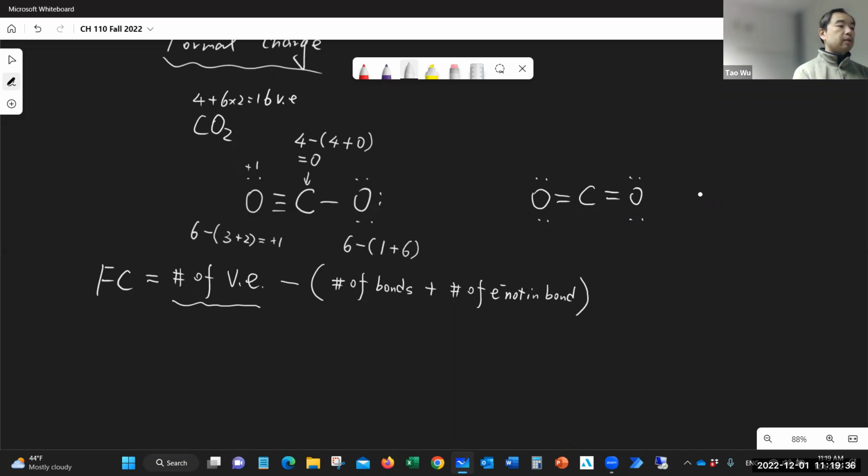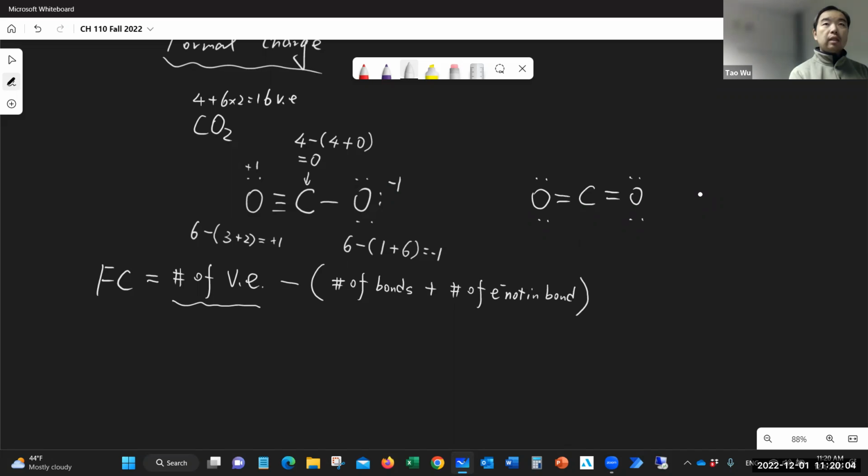And you realize it's 6 minus 7, which is -1. So the formal charge for this oxygen is -1. So the formal charges are +1, 0, and -1. This is the result for the formal charge for this formula.